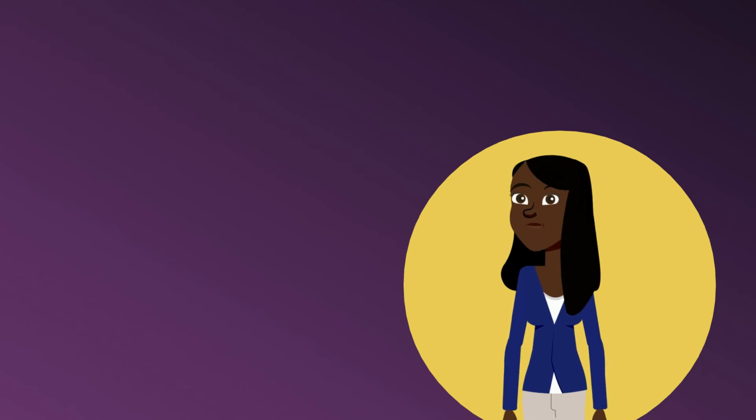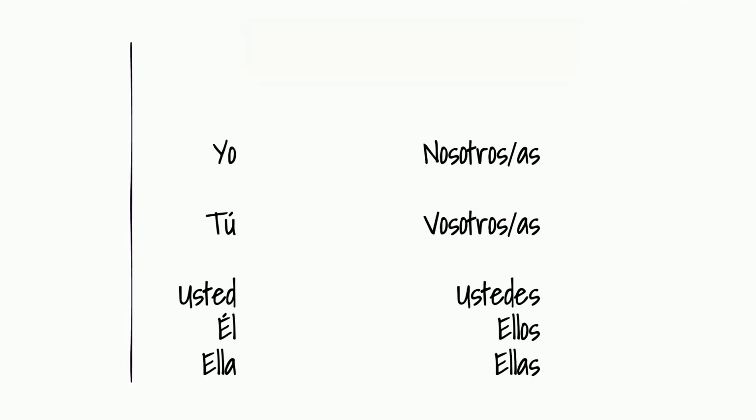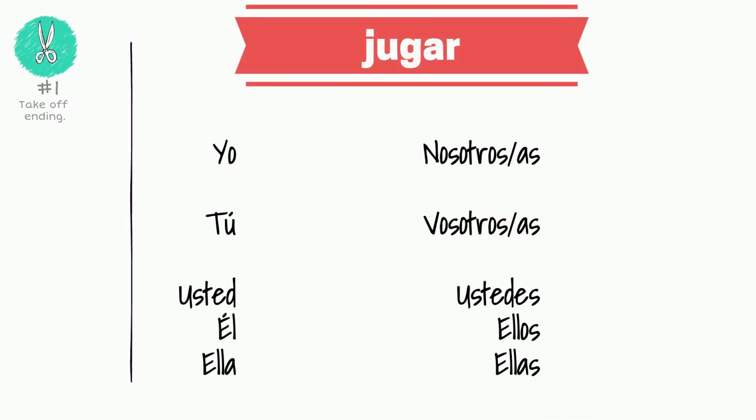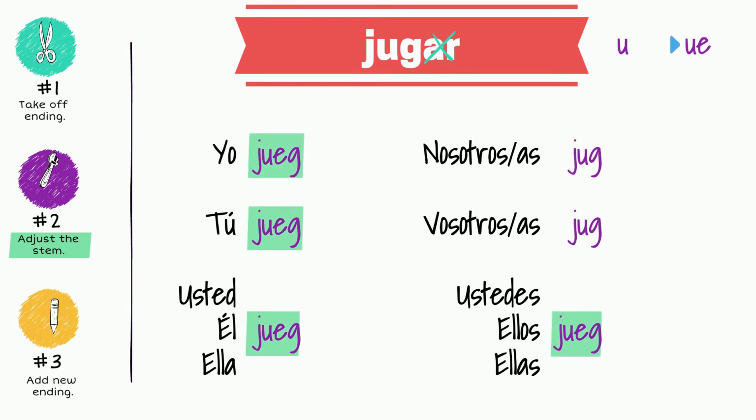I will introduce one more verb that is unique, in that it is the only verb that undergoes a stem change from U to UE. The verb jugar. Take off the ending AR, adjust the stem from U to UE in these 4 forms, and add the ending that corresponds to the subject.